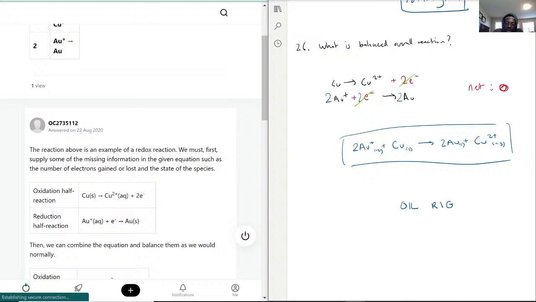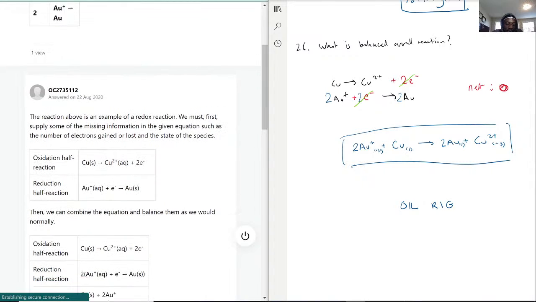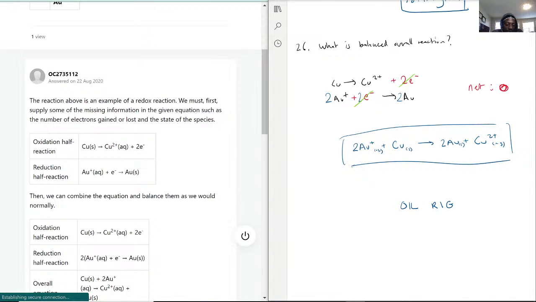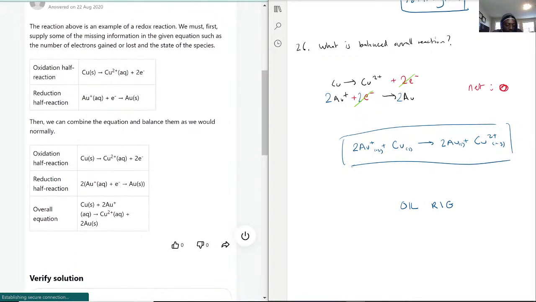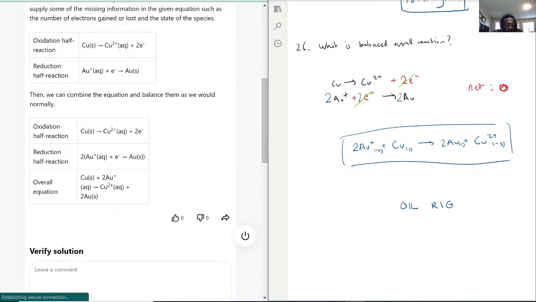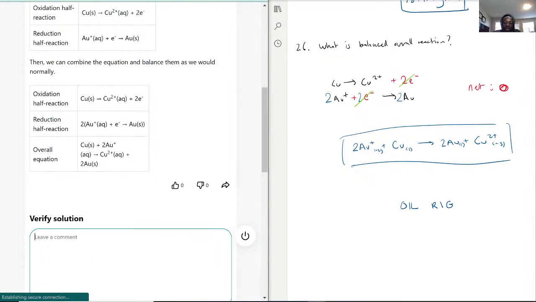Oxidation is loss of electrons, that's why it's OIL, and RIG, reduction is gain of electrons. So copper was oxidized, gold was reduced, and that is exactly what it has here. And then you had to double it to make up for the copper. Now when we put it together, the overall equation: copper plus 2 gold ions is equal to copper 2+ plus 2 gold solid.